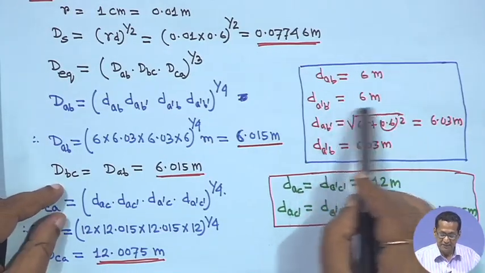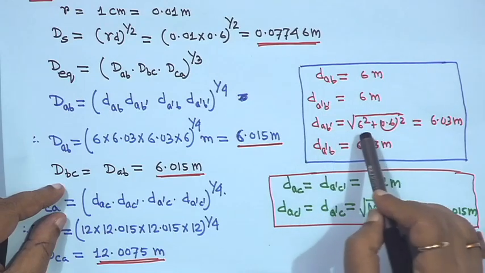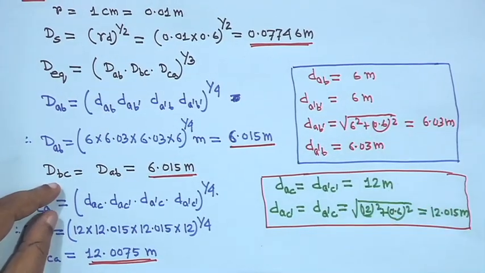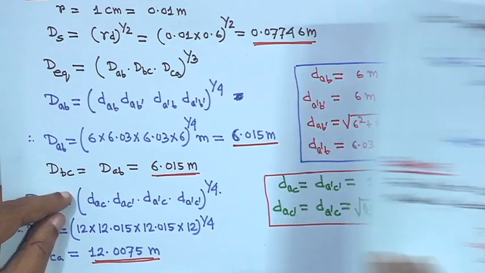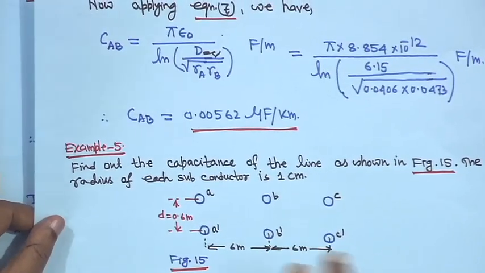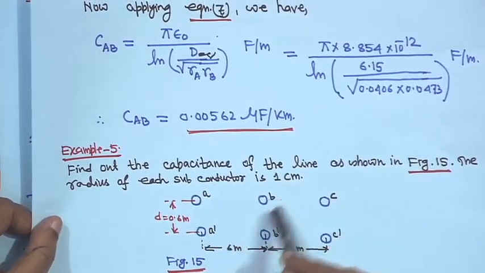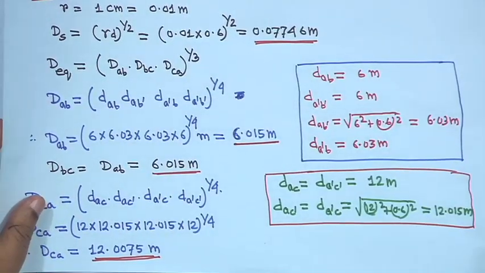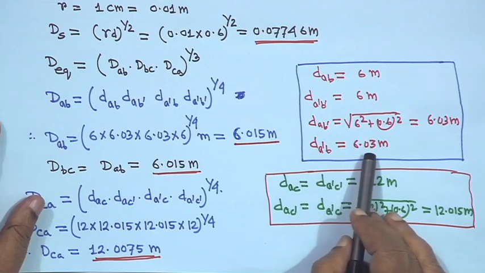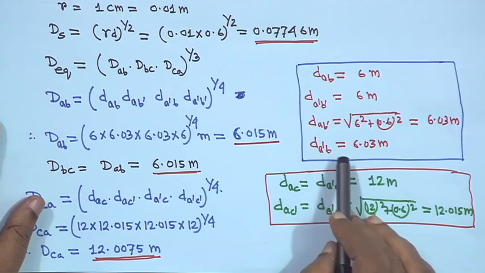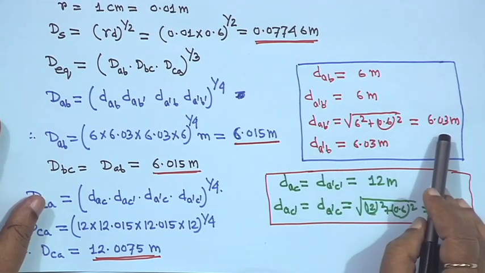DAB is 6 meter, DA dash B dash is 6 meter, DAB dash is root over 6 square plus 0.6 square. Calculating all the distances, DAB dash and DA dash B is equal to 6.03 meter.